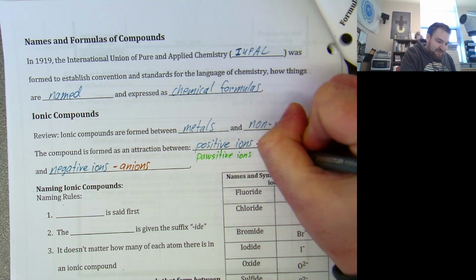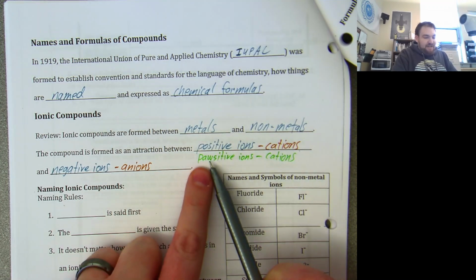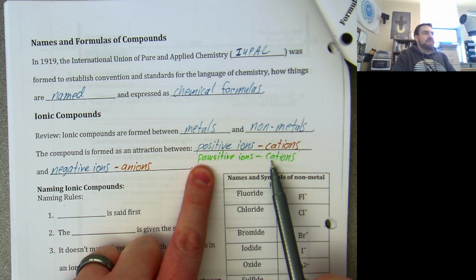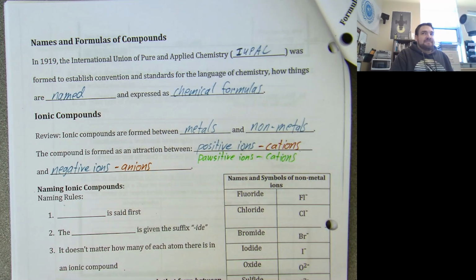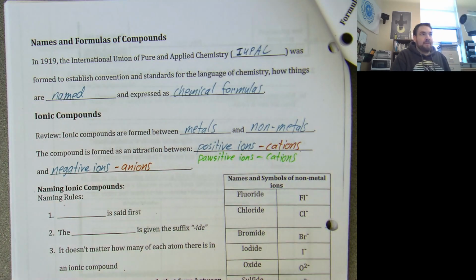Positive ions are called cations because positive and cats have paws. Did Mr. Gerbrand show it to you guys with a picture? And then for the negative ions, there was no fancy way. It's just the other one, the anion. You got to remember that there's cations and anions. The positive ones are the cats. The negative ones are the ans.